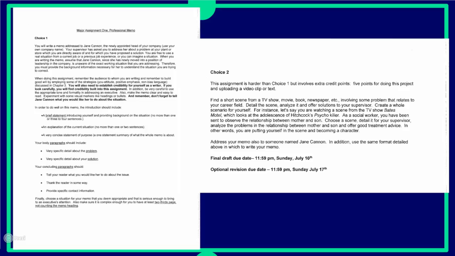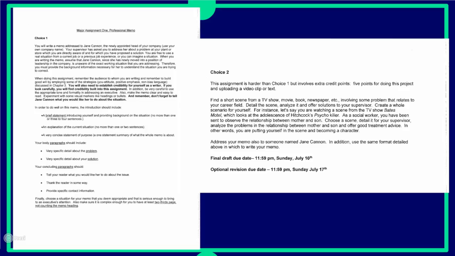You want to assume that Jane Cannon is newly moved to this position of leadership, so she doesn't know anything about the situation that you're addressing. So you've got to provide background on the situation and make sure you give her the information necessary for her to understand the situation you're trying to correct. So basically your goal here is to persuade your audience, right?